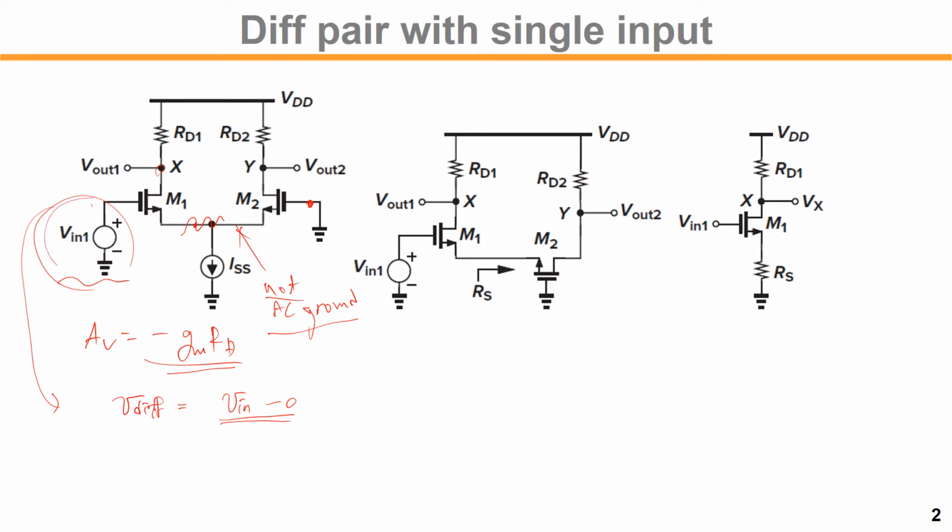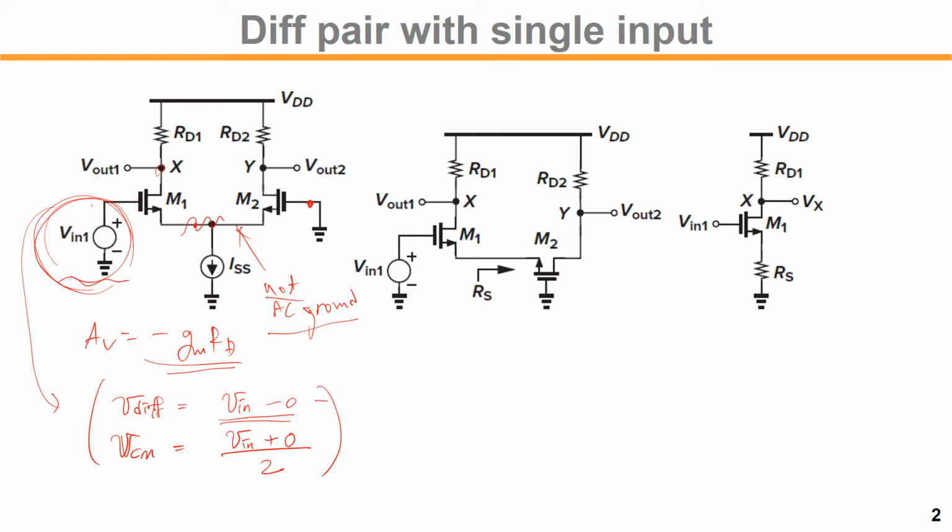So we can decompose the Vin variation into a differential component and a common mode component. The common mode variation would be what? Vin plus 0 over 2. So we can decompose the one-sided input into two components.